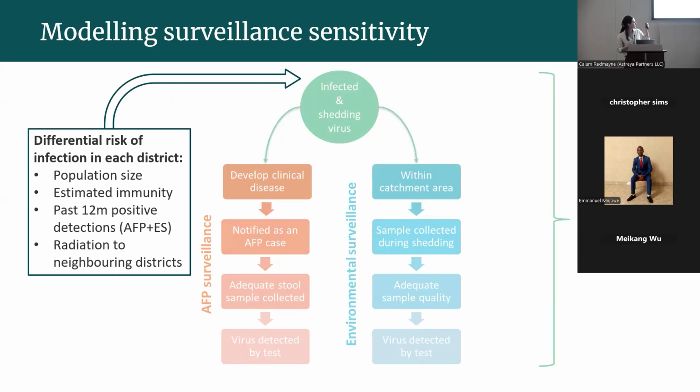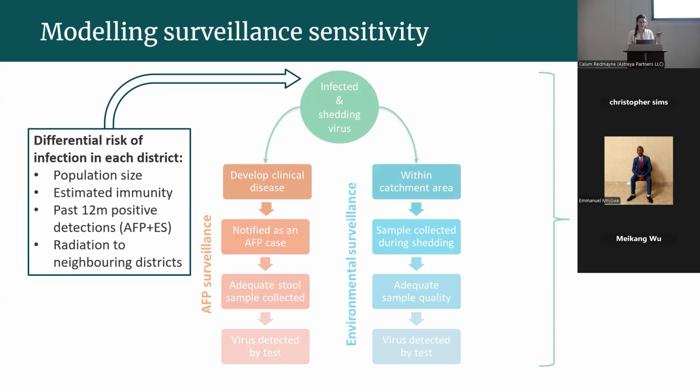Now, also on a subnational level, there's going to be a differential risk that infection is present overall. So we construct a measure of this differential risk based on population size, estimated immunity in that particular area, previous positive detections, and a simple radiation model of risk to neighboring districts.